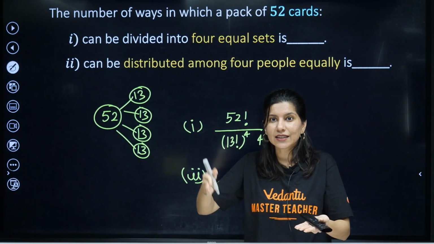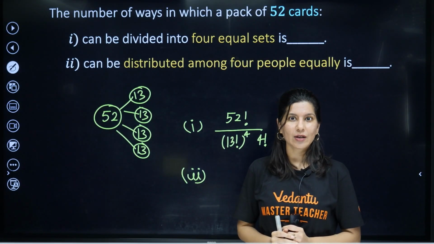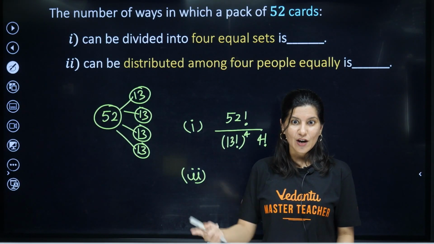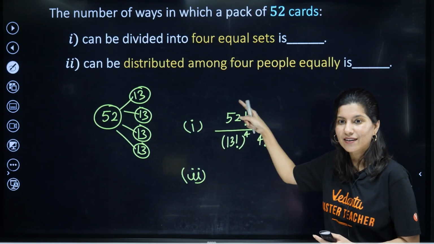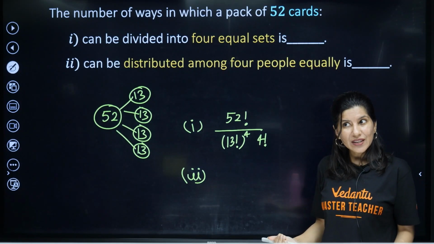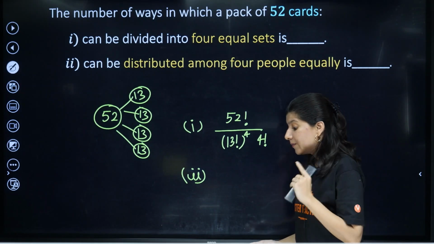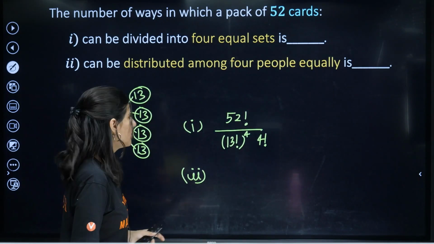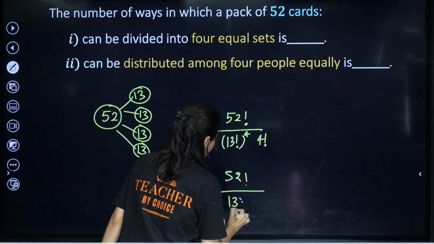Now 4 bundles are there, and 4 people are there. Part number 2. So 4 different things can be distributed to 4 different people in 4 factorial ways. So basically, same thing will be there. Okay, so division.